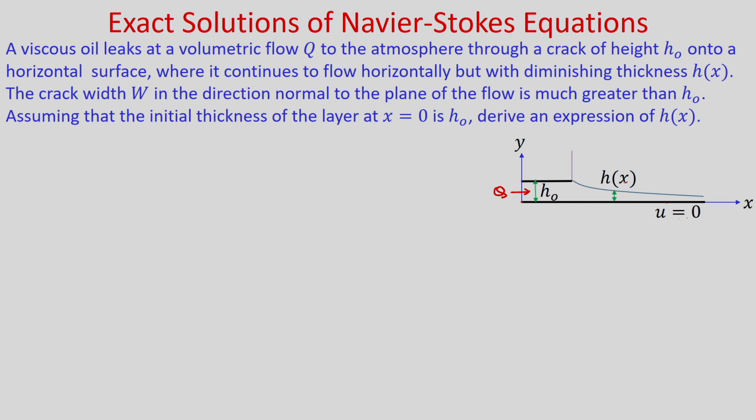Okay, from here, you can see if you measure x from here, at x equal to 0, you can put h is equal to h naught. Okay. So, h is measured from this place. Okay. So, at the interface, at any location, you can see the flow as half of the plane Poiseuille flow.